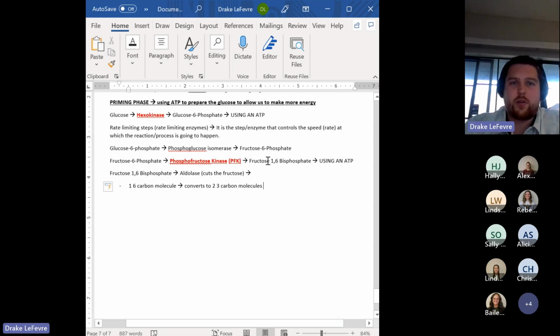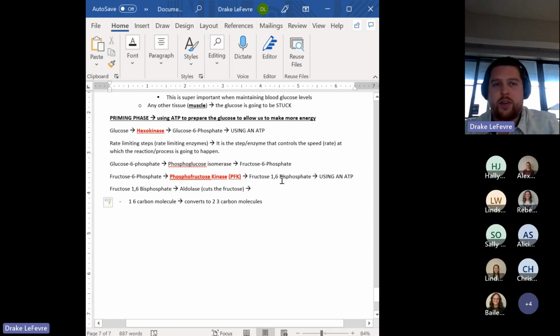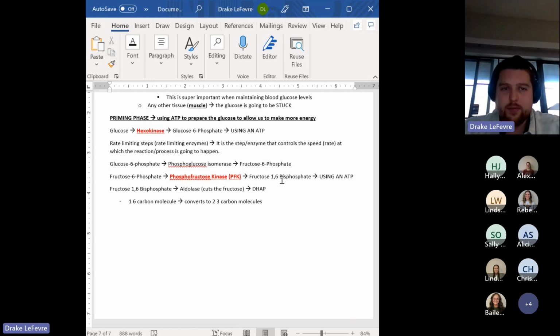Now the 2 that it creates, these are the ones that have the really, really long names, which we tend to abbreviate. So it's DHAP, which is dihydroxyacetone phosphate. And then you can also have G3P.